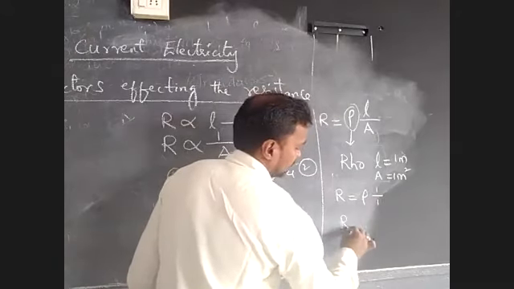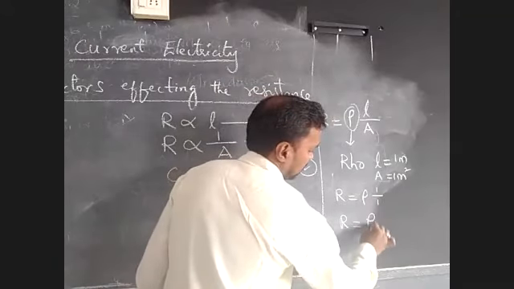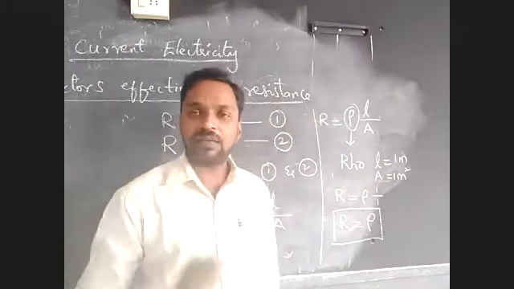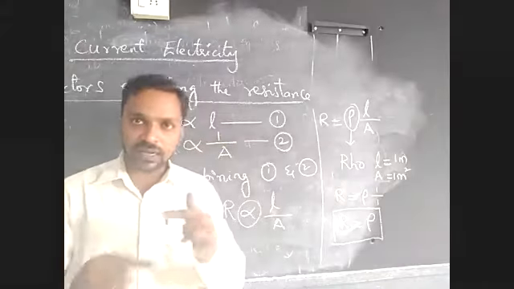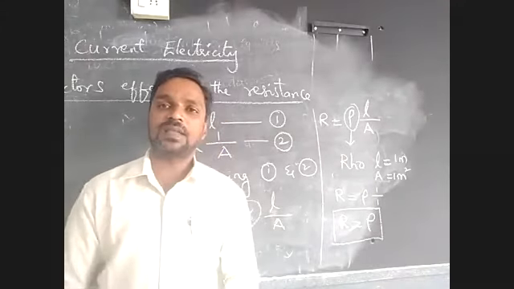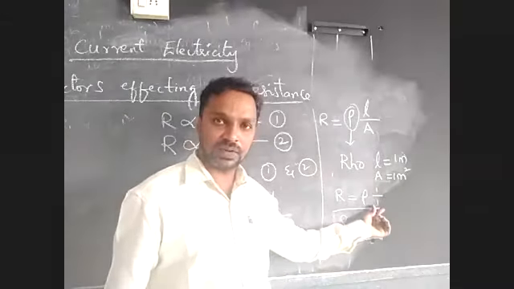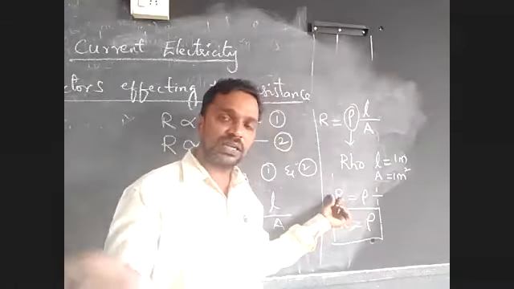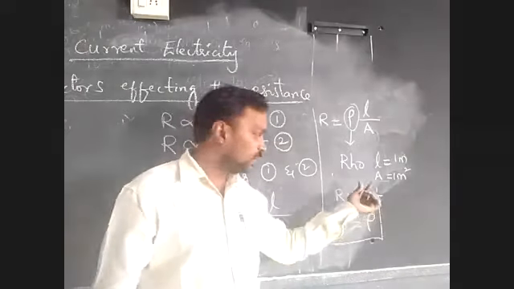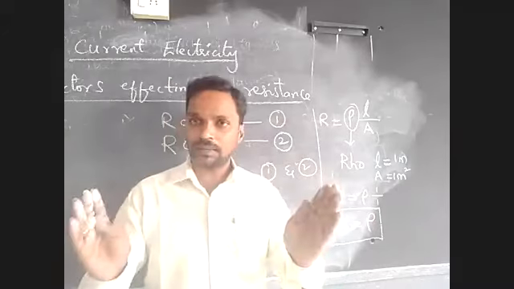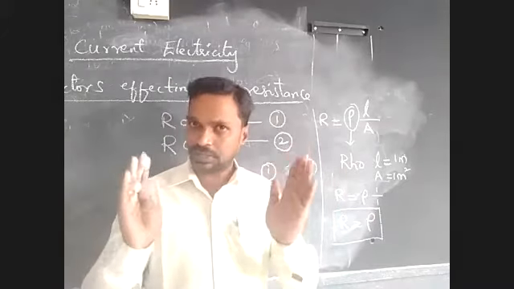That means the resistance of a conductor is equal to its electrical resistivity, if 1 meter of conductor is taken whose area of cross section is 1 unit. Therefore, the resistance of that conductor is equal to the specific resistance. Meaning the wire's length should be 1 meter.